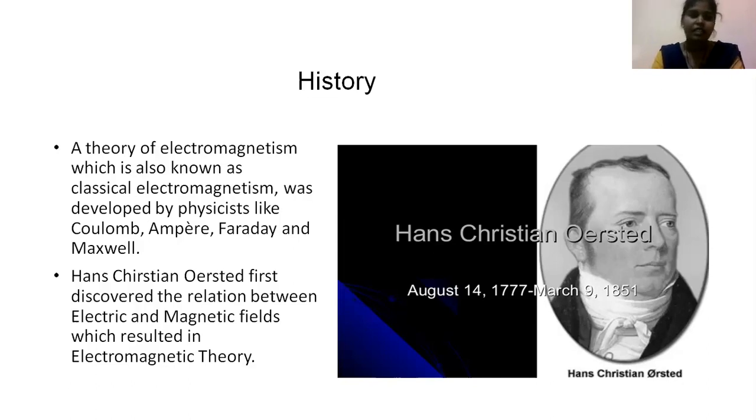We have Hans Christian Ørsted, who first discovered the relation between electric and magnetic fields, which resulted in electromagnetic theory. He conducted a very important experiment relating electricity and magnetism, where a strong electric current creates a magnetic field, and it is so strong that it could turn the needle of a magnetic compass.